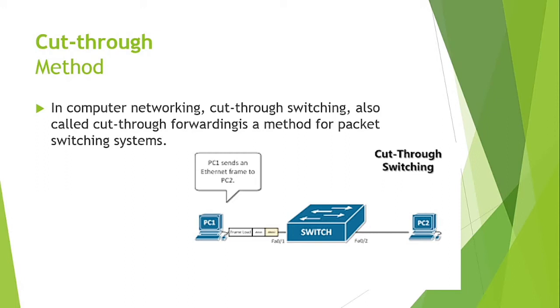Pure cut-through switching is only possible when the speed of the outgoing interface is equal to or greater than the incoming interface speed. There's a weakness to this because the error checking comes from the one who receives it. That's the weakness of this kind of method.